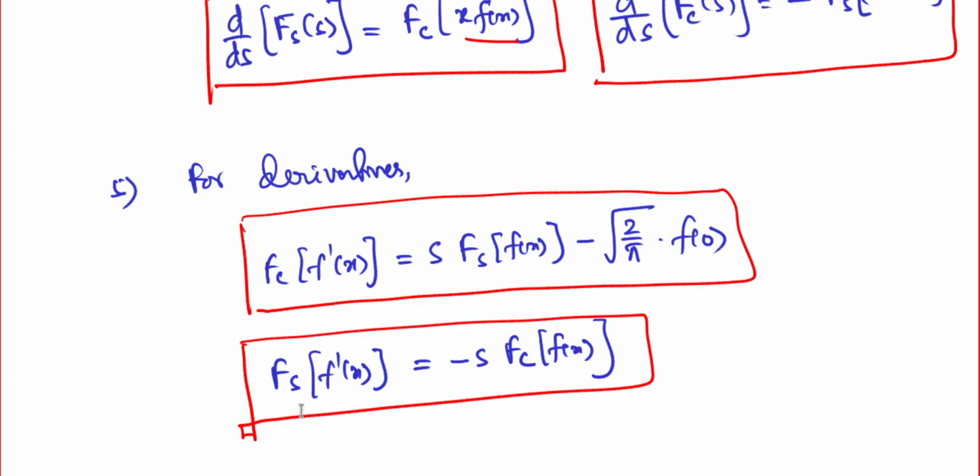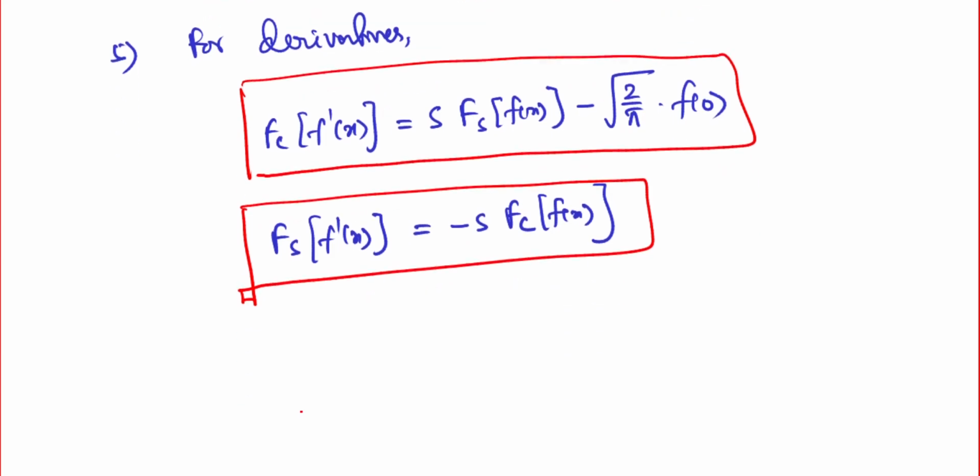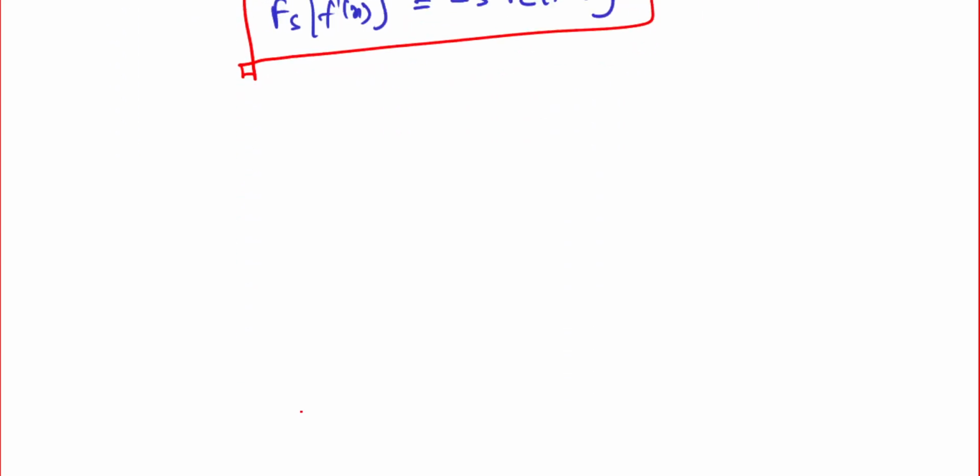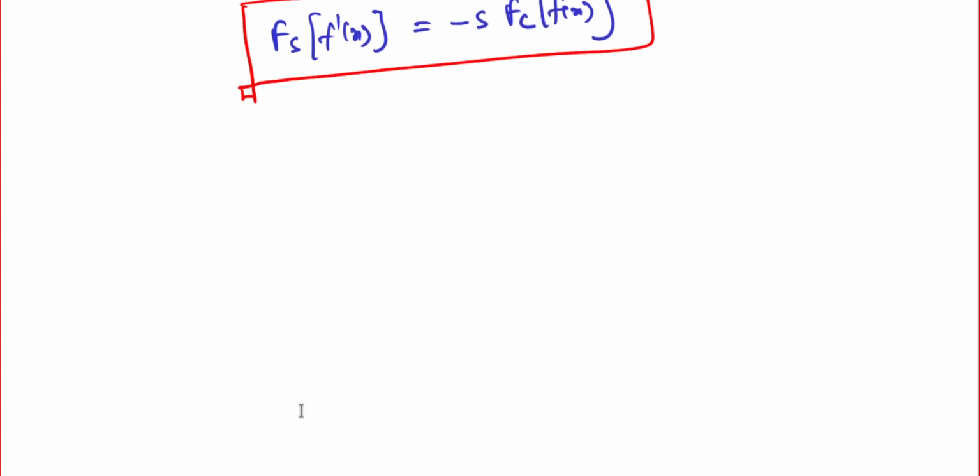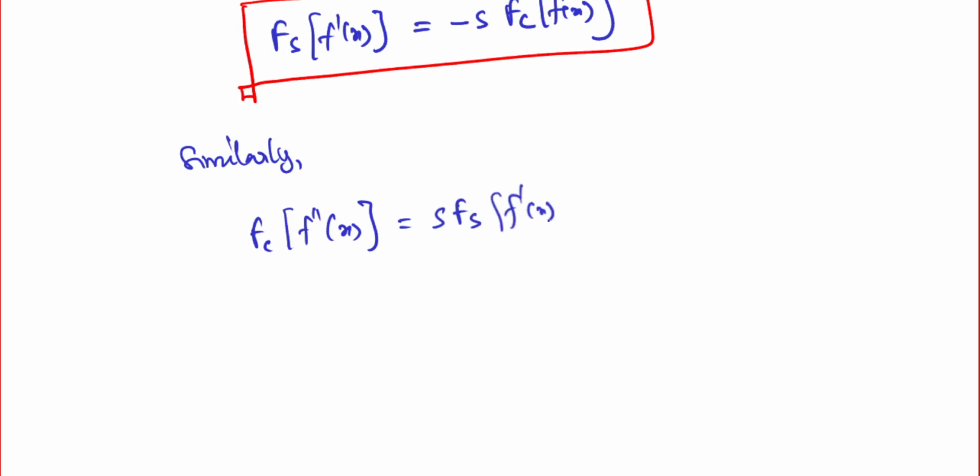Okay, fine. Because of this, we can also derive it for the second derivative, third derivative, etc. I will simply write only the second derivative. Similarly, the Fourier cosine transform of f double dash of x is equal to s into the Fourier sine transform of f dash of x, minus square root of 2 by pi into f dash of 0.